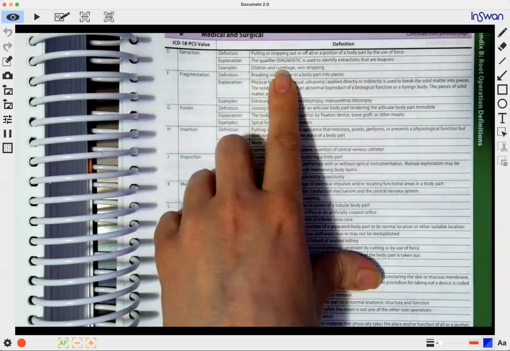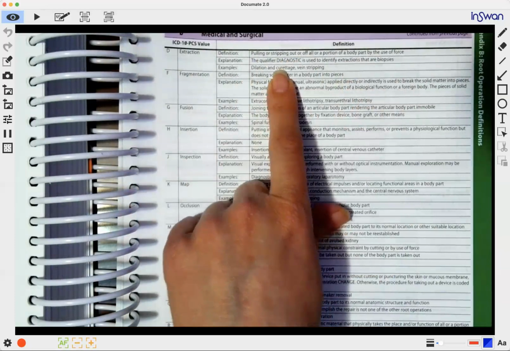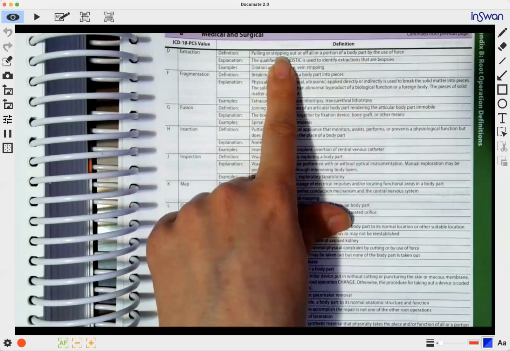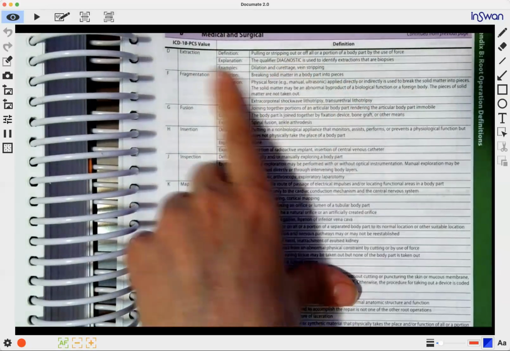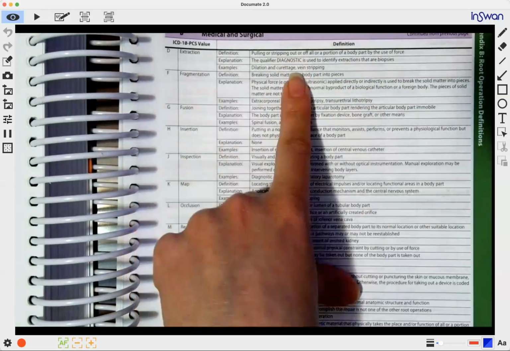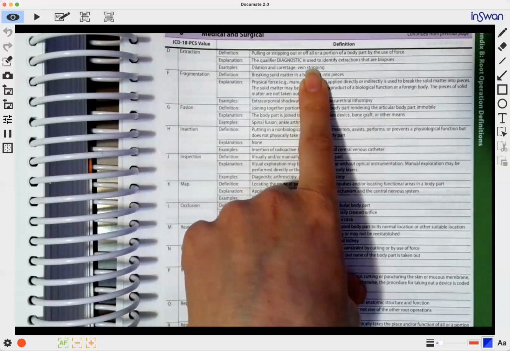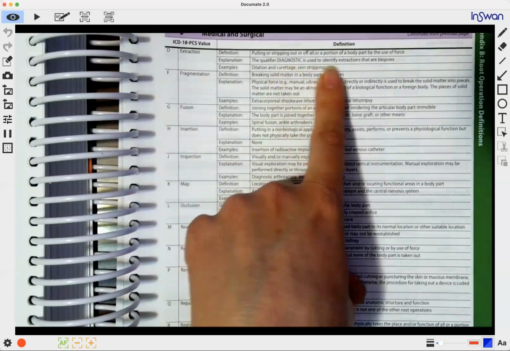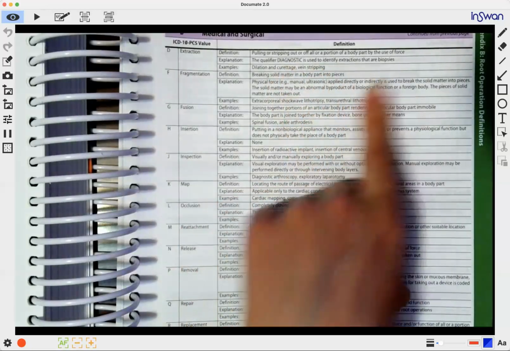Dilation and curettage, a D&C, that's what they're doing. They are stripping out the lining, okay? So that's what a D&C would be. So that would be an extraction. A vein stripping is another example. And again, the qualifier diagnostic is going to be used for extractions that are biopsies.